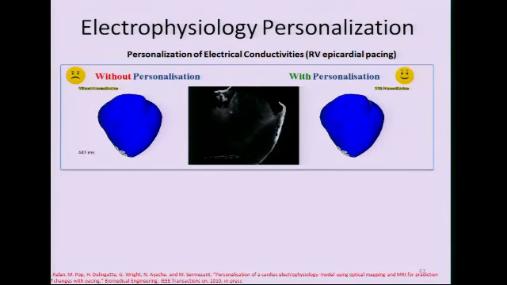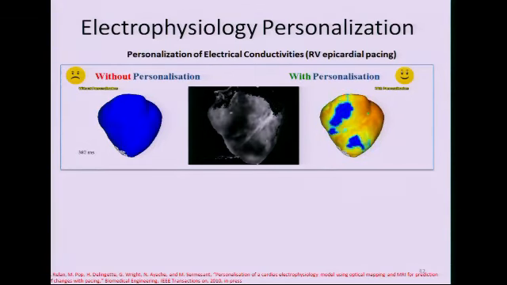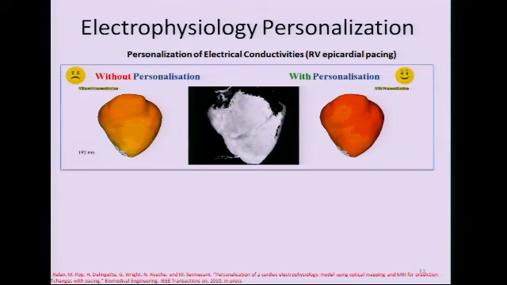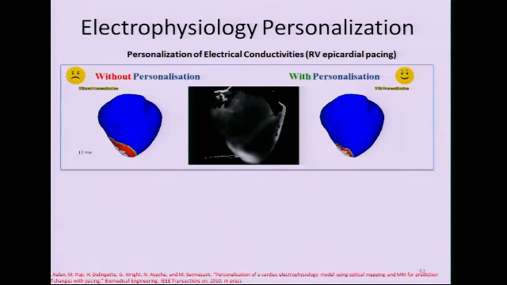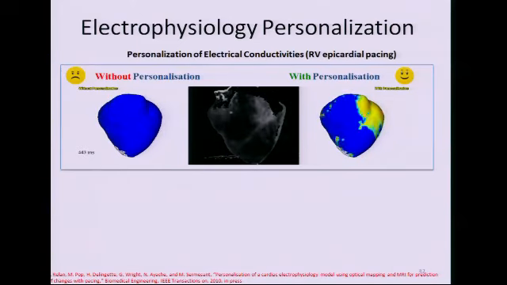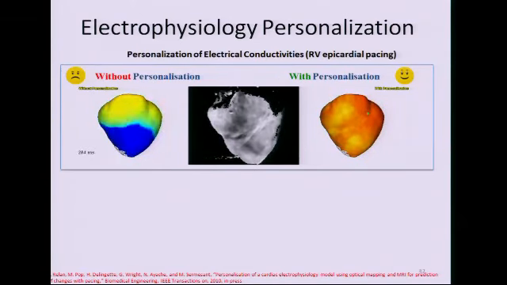On the right-hand side, you can see the observations. And this is the model if you do not perform any personalization. You can see that the wave here, where the color again depicts the action potential, shows no agreement between these two.